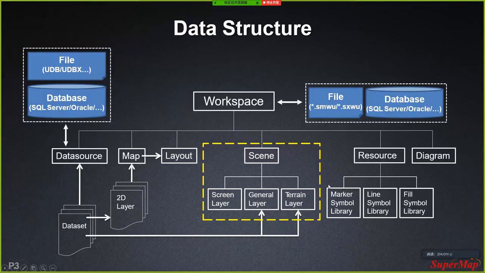This class we will introduce the scene and the resource. For the scene, it includes the scene layer, general layer, and the theme layer. And so many types of layers make up the scene.